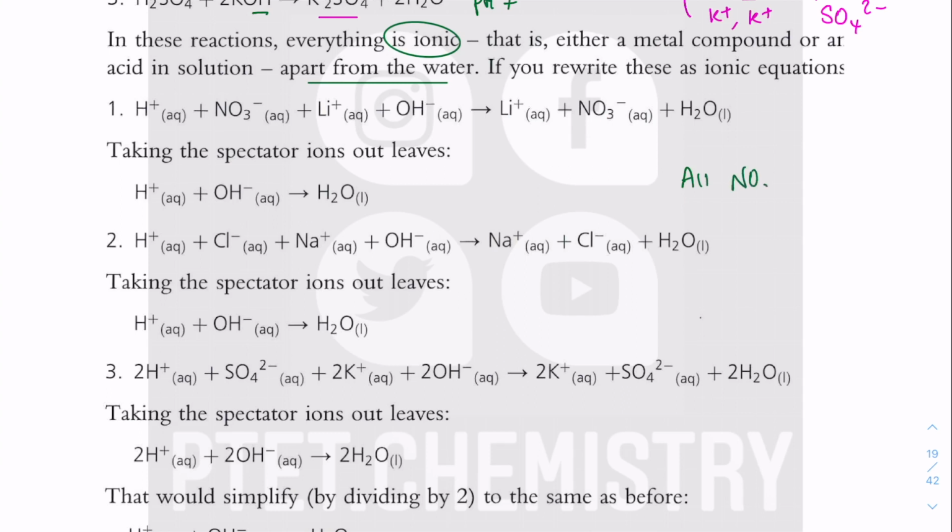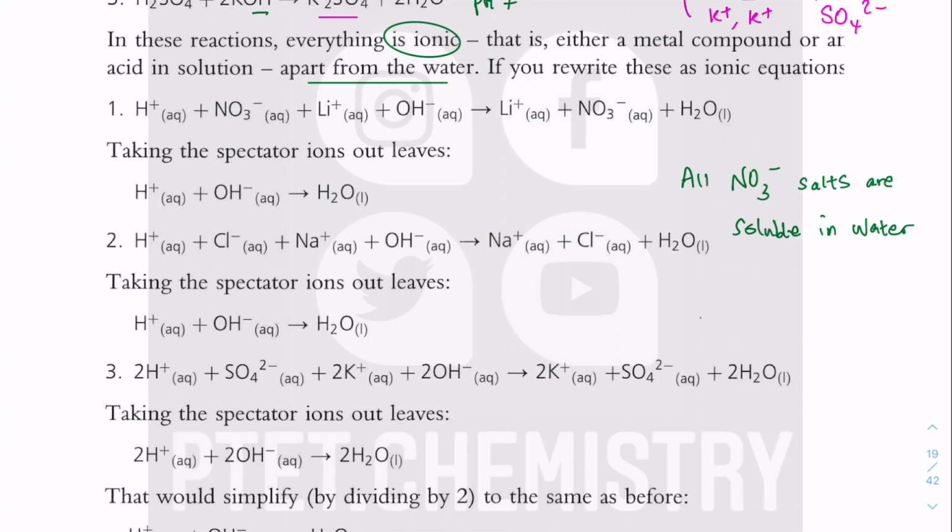As I mentioned in my last lecture tutorial, all nitrate salts are soluble in water, and you will learn more of these when you come to solubility of salts, as well as preparation of salts topic under acids and bases, much later on in a couple of months, probably next year, I guess, depending on your curriculum. Okay, so all nitrate salts are soluble in water because you're producing lithium nitrate, so they're going to be soluble in water, aqueous and aqueous. The liquid water does not dissociate into ions, so you remain as such.